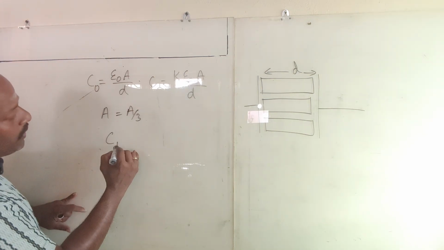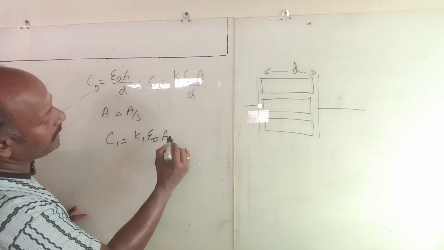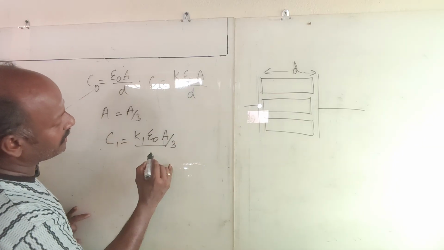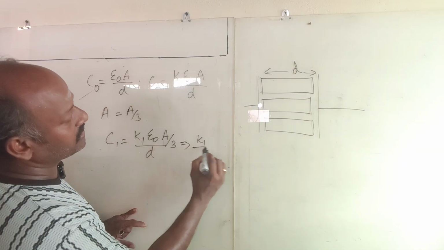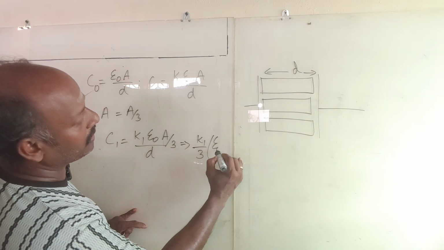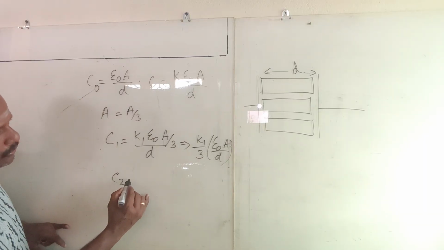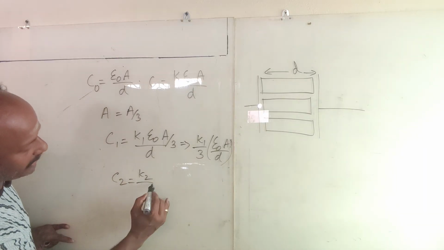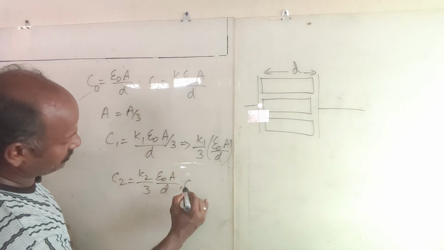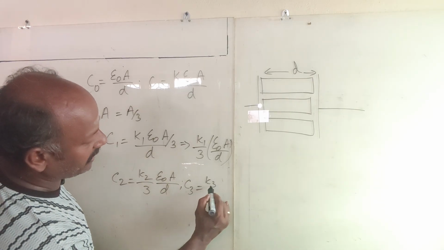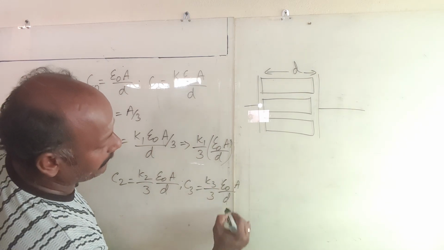So C1 will be equal to K1 times epsilon naught A by 3 divided by D, that is K1 by 3 into epsilon naught A by D. Similarly, C2 is K2 by 3 into epsilon naught A by D, and C3 is K3 by 3 into epsilon naught A by D.